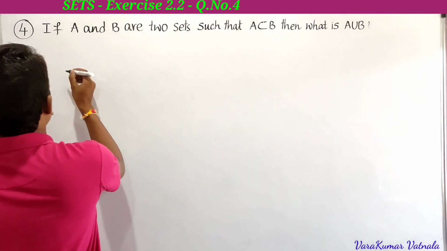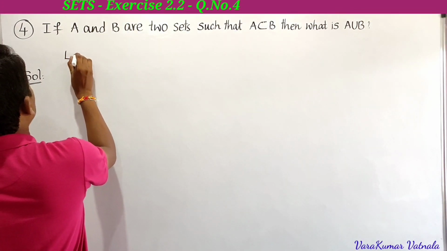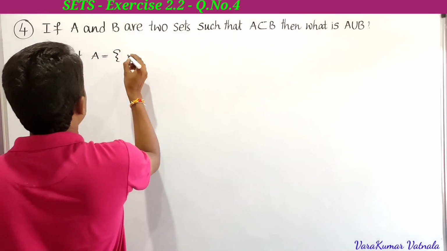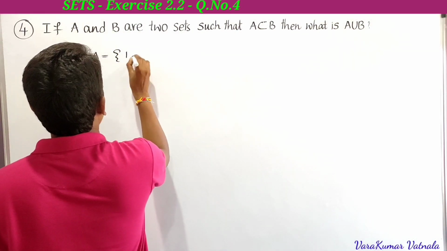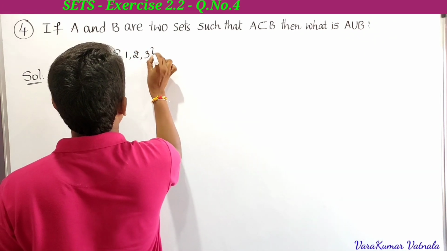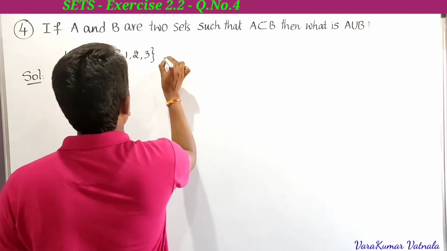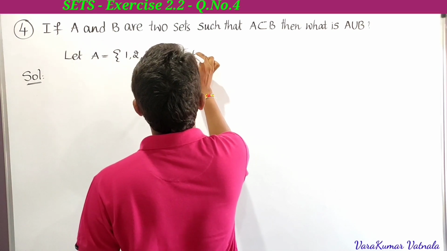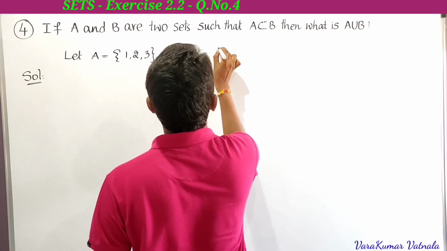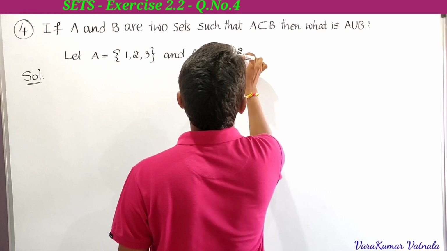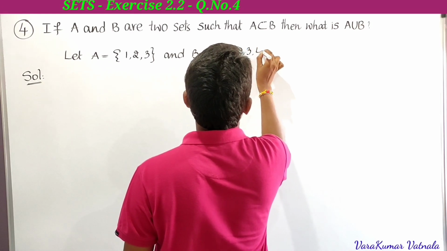So let A be equal to 1, 2, 3 and B equal to 0, 1, 2, 3, 4.